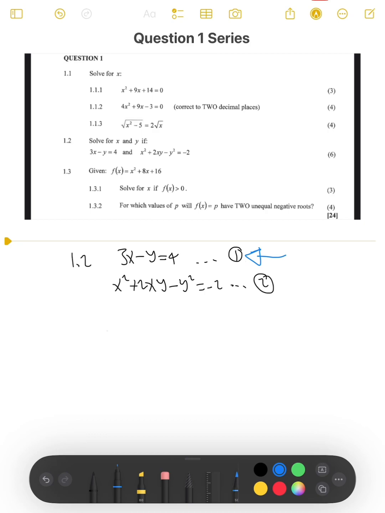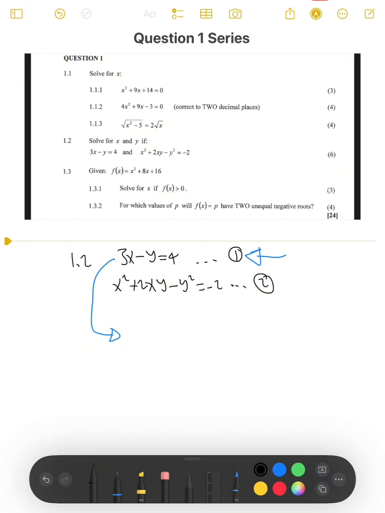From that very same equation 1, we therefore pick a variable that will easily substitute. So I know in class we probably believe that it's a general rule to make y the subject of the formula, but in reality, whichever variable is easier to work with, we make it the subject of the formula.